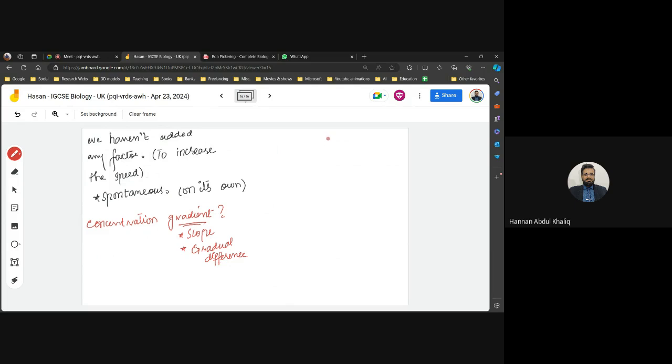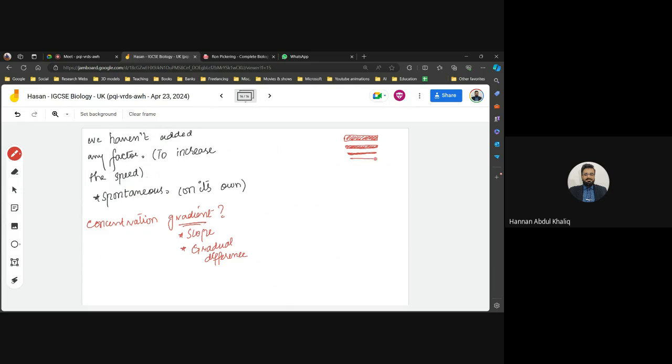Like you can say that this is the intensity of red color in an area. Then below that, the intensity lessens. Then below that, it lessens a bit more.